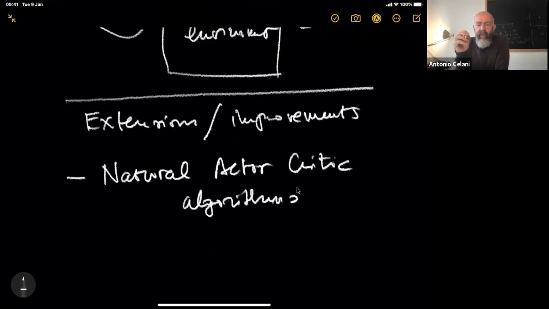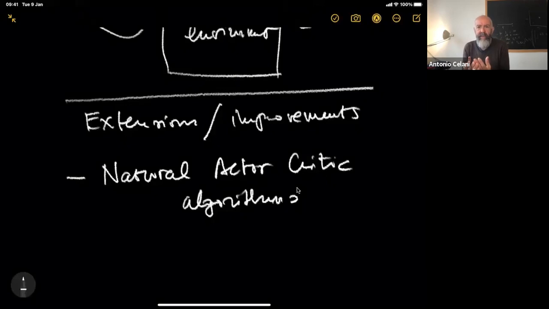So one limitation of these gradient approaches is that clearly the gradient of your performance depends on the choice of the parameterization. So if you choose a different parameterization, you will get different prefactors in your gradient.